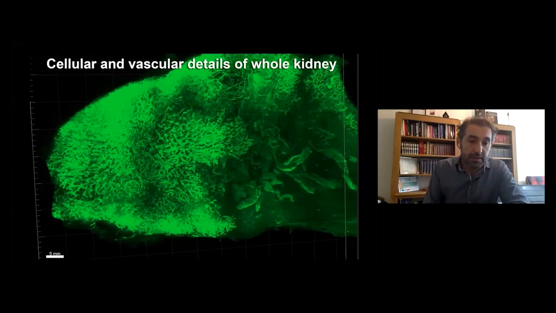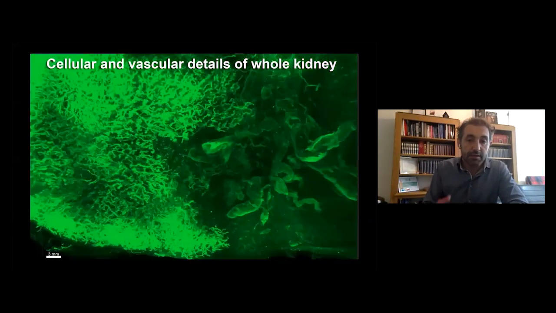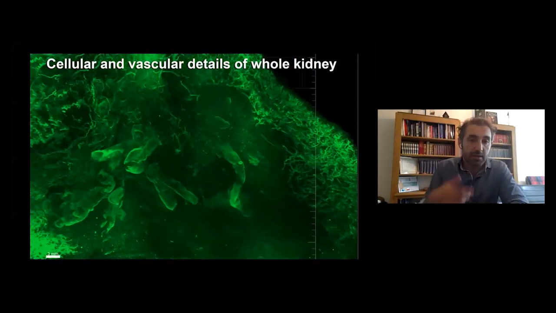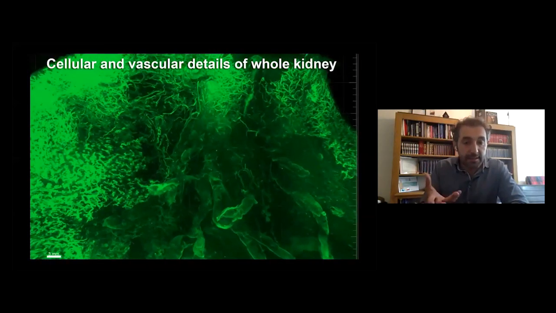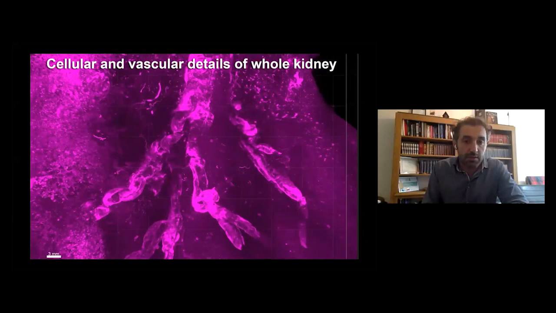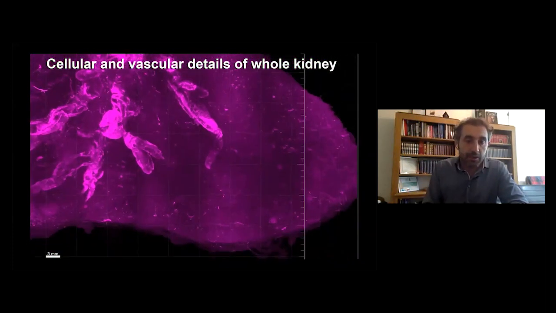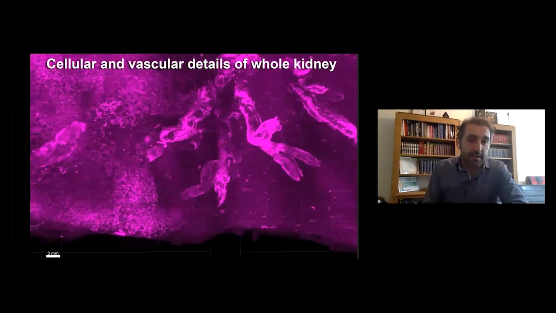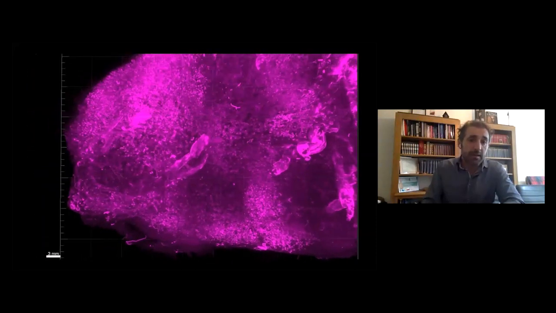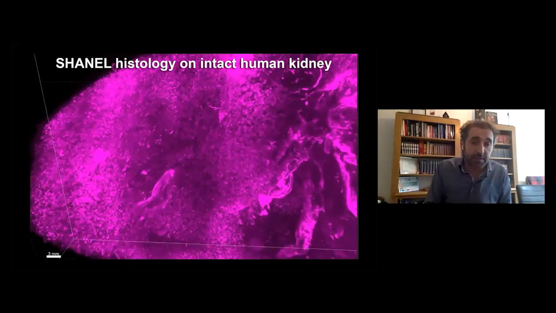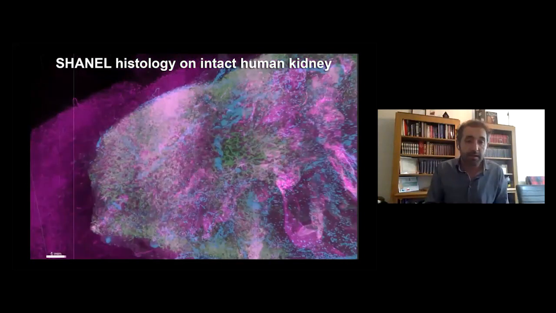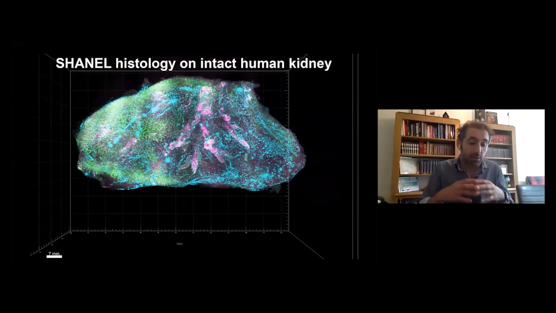We were surprised to see that. These tiny capillaries were not there. When we look at the magenta channel, the glomeruli, we also did not see them in this empty region. There was almost no glomeruli, while on the left-hand side there were a lot. Consulting with kidney experts, they were also surprised to see something like this, simply telling us that looking at whole organs at high resolution gives us different views of their biology and of disease.